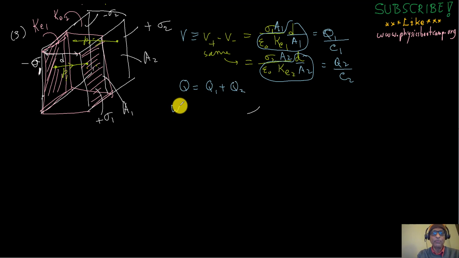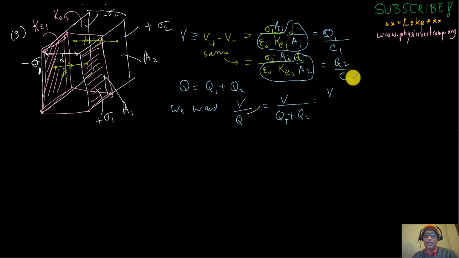And we want the ratio of V divided by total Q. So we want V over Q1 plus Q2, right? And V is this thing, so let's work this out.